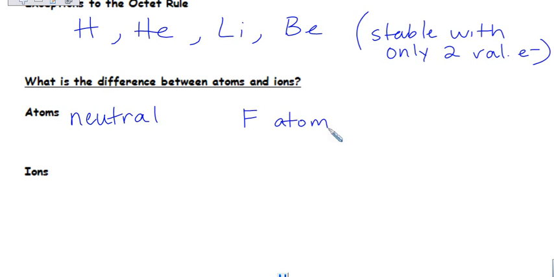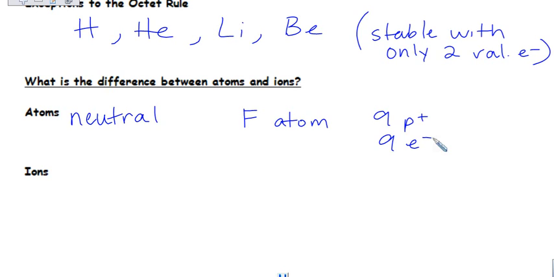A fluorine atom is neutral. The fluorine atom has 9 positive protons and 9 negative electrons. Neutral, no charge. Everything that we've talked about up until this point has been a neutral atom.